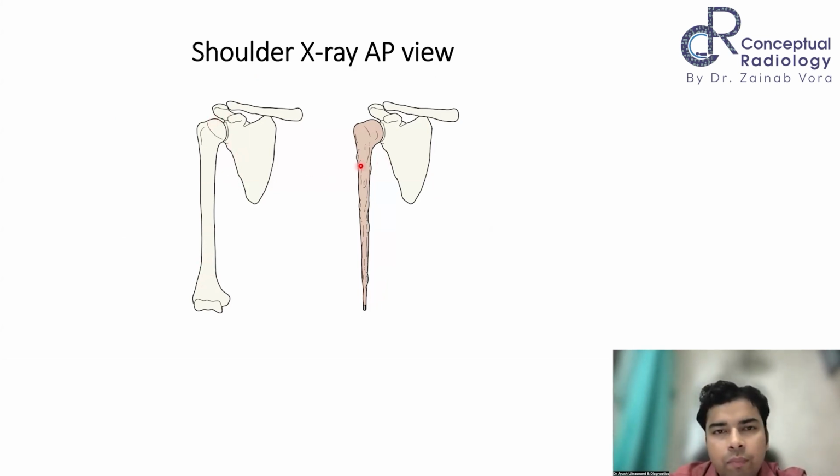The thing that I want to highlight in the AP view is that the shape of the humeral head looks like a walking stick. There is this illustration just to drive this point home, and it has its own importance. So just remember this image, that on AP view, it looks like a walking stick.